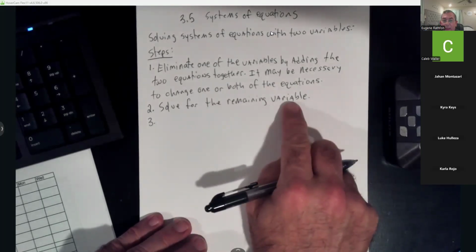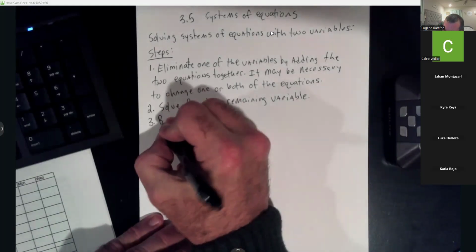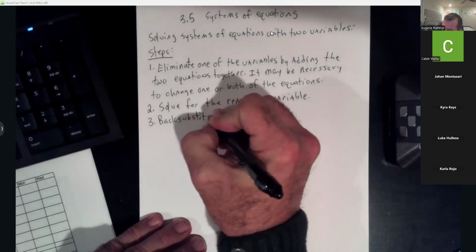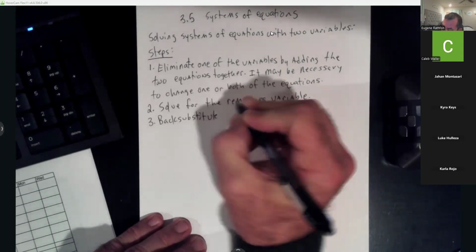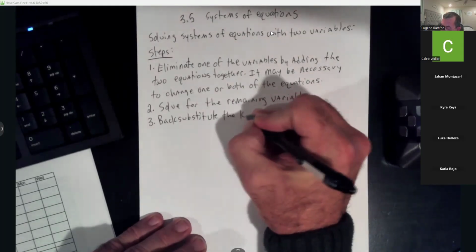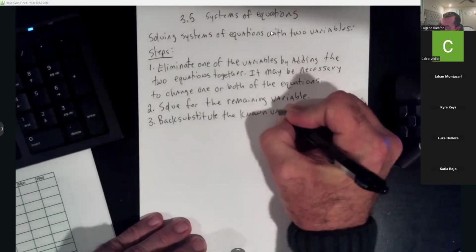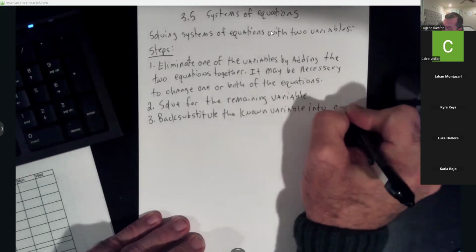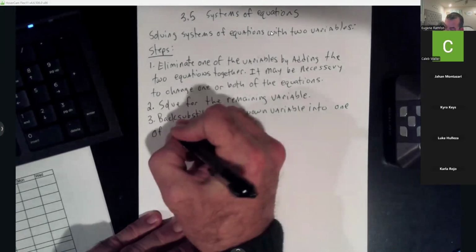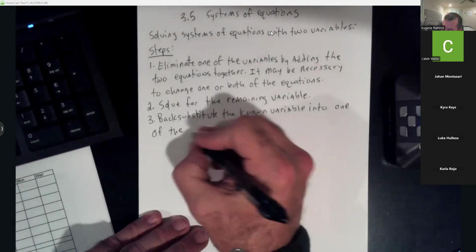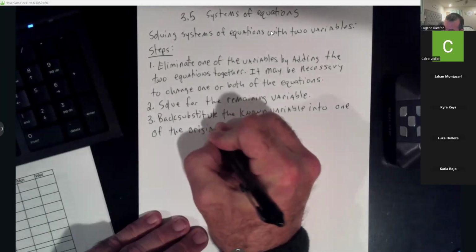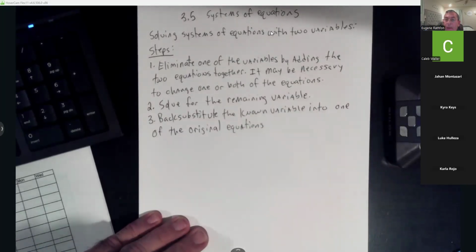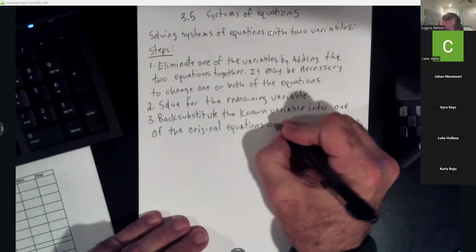All right, once I solve for the remaining variable, I'm going to back substitute the known variable into one of the original equations and solve for the other variable.